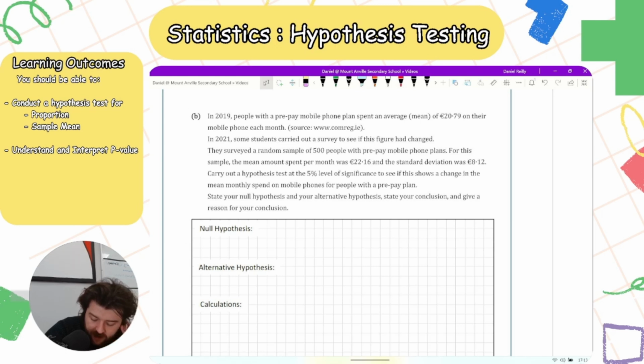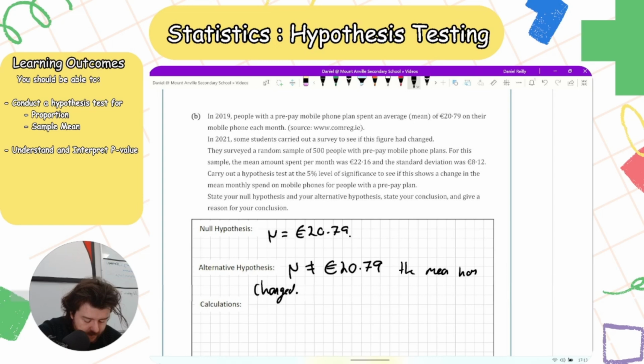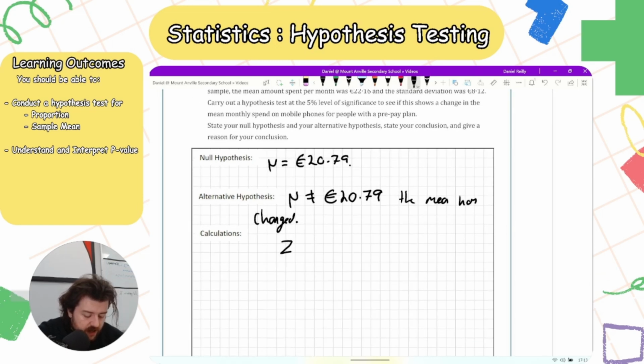So, my null hypothesis would be the mean amount spent is €20.79, right? My alternate hypothesis would be my mean amount is not equal to €20.79, right? The mean has changed. So calculations, we're just going to use our z-test, right?